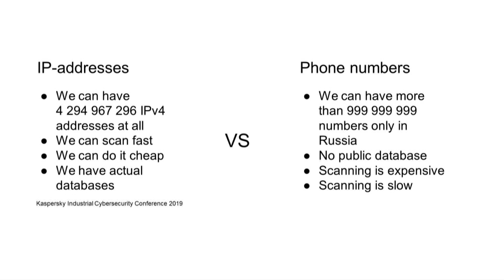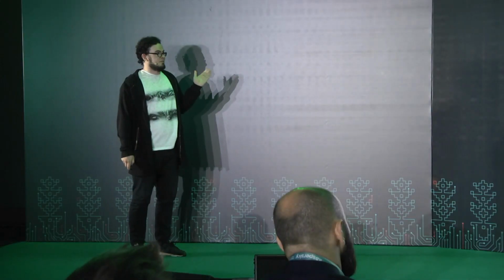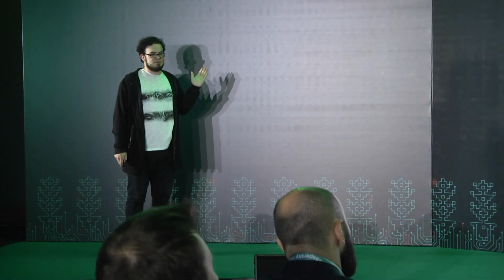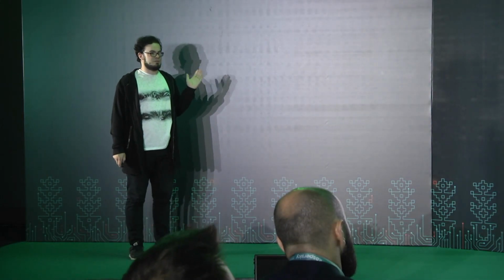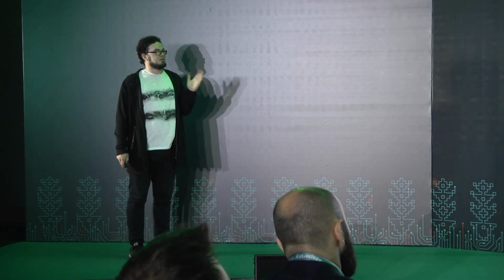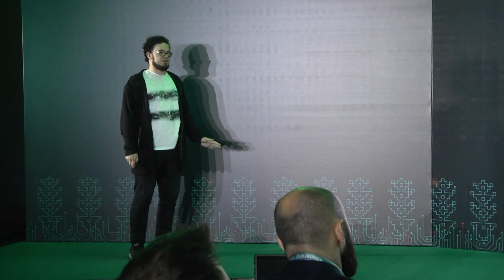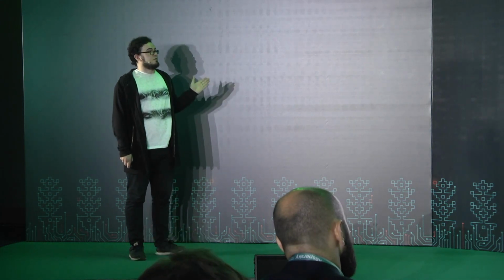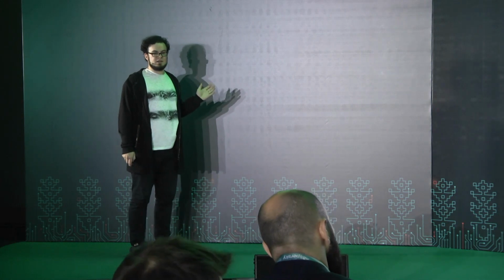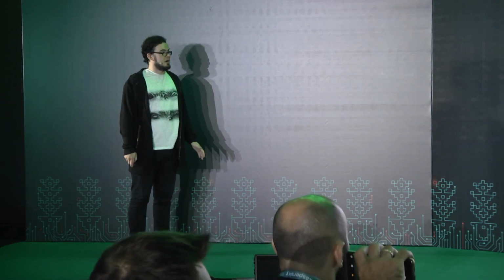In most cases, you address the device using the call or SMS. The site shows the amount of IP addresses that is possible and the amount of numbers only in Russia. And we see that IP addresses we can scan, there's a lot of utilities, tools to do this.